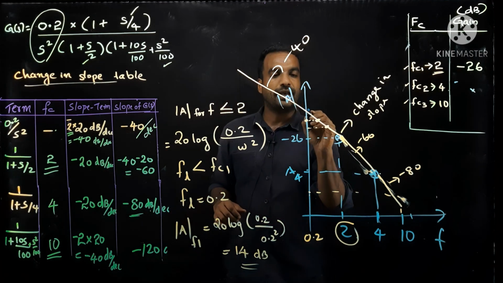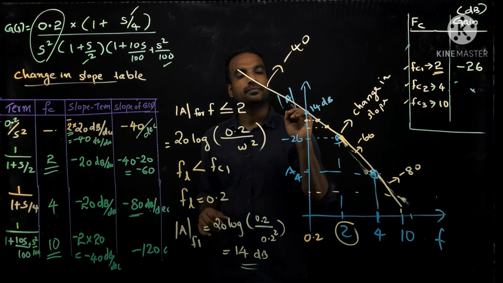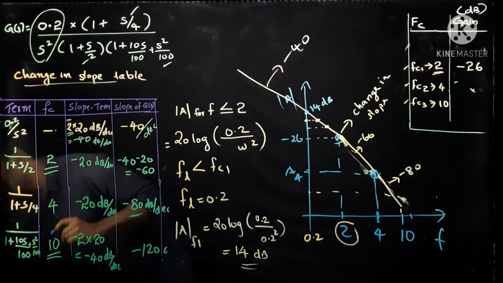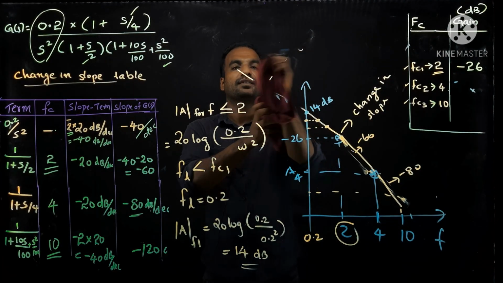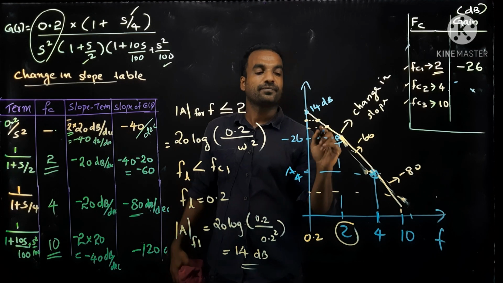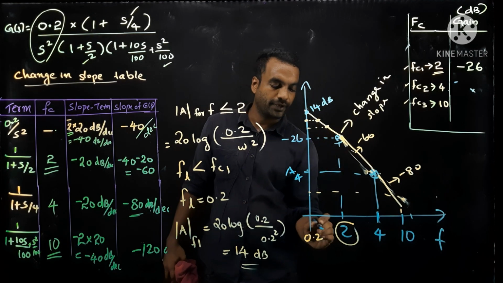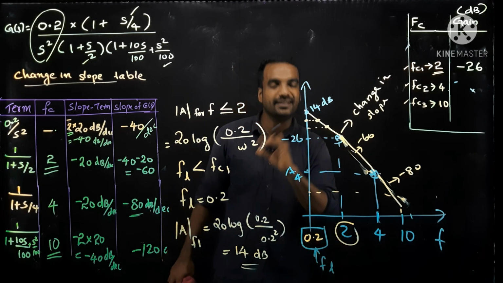So the value of this point will be 14 dB. That's why I can delete the unnecessary parts. Otherwise I have to draw the line up to infinity. This is the case. So the lower corner frequency FL should be considered for limiting the diagram.